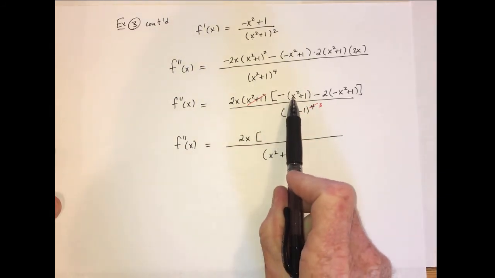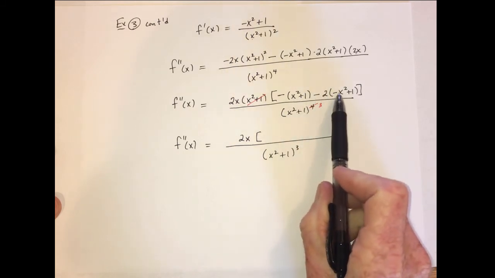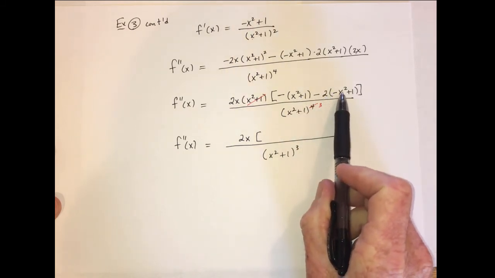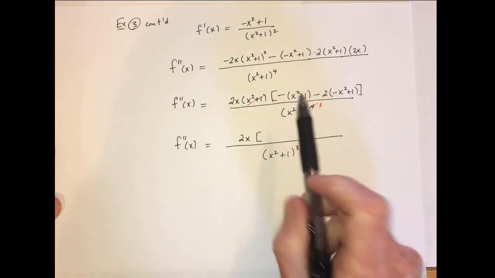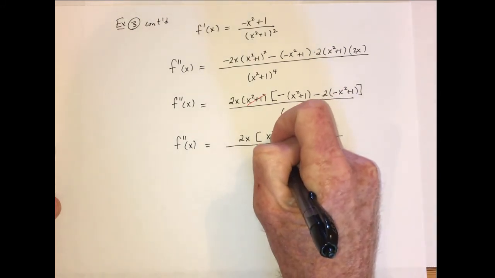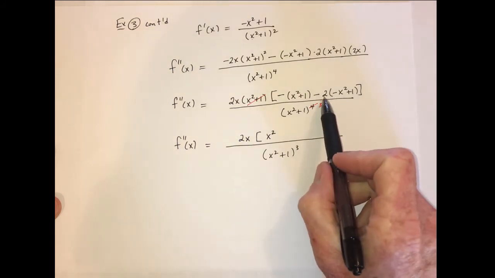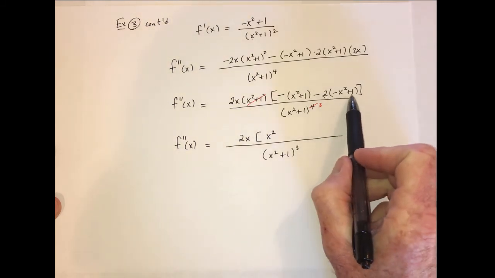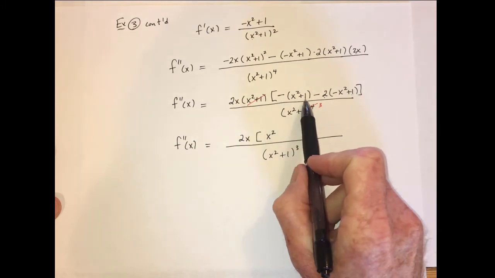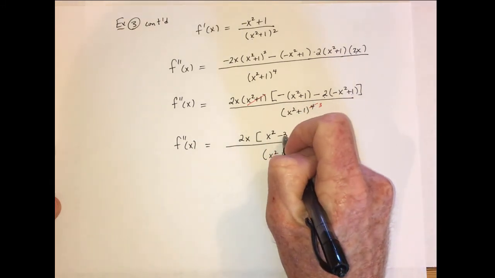And then this is going to be negative x squared. And these two will actually make a positive 2x squared. So that's 2x squared minus 1 is x squared. And then, let's see, this and this would make a negative 2. And this would make negative 1, so that makes negative 3.